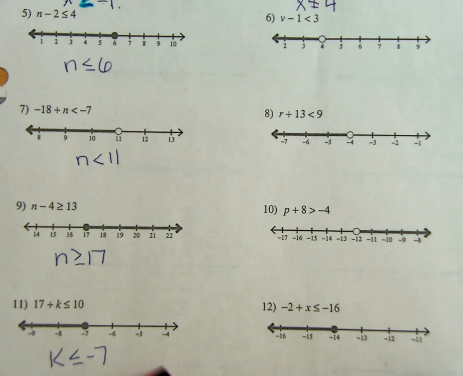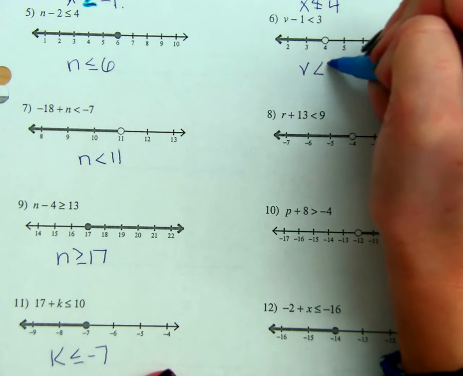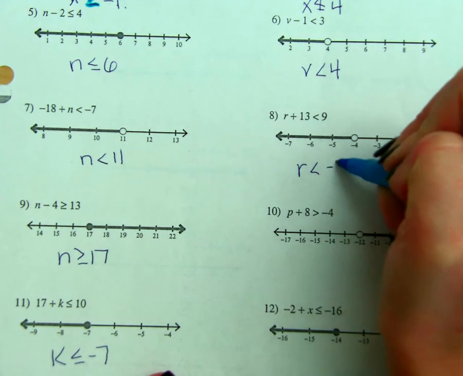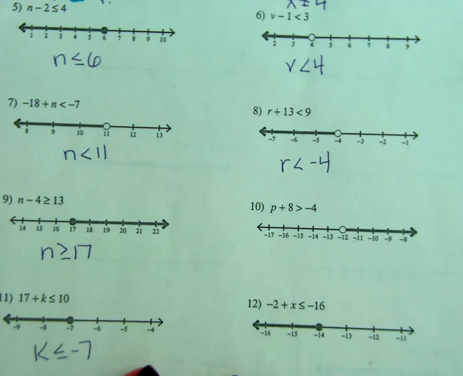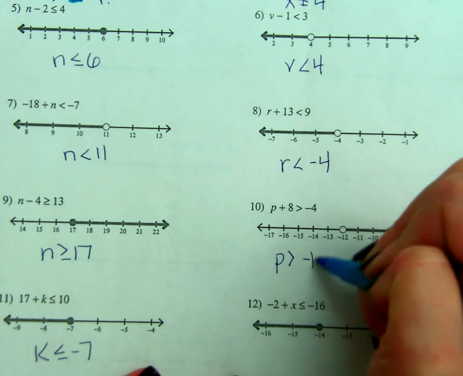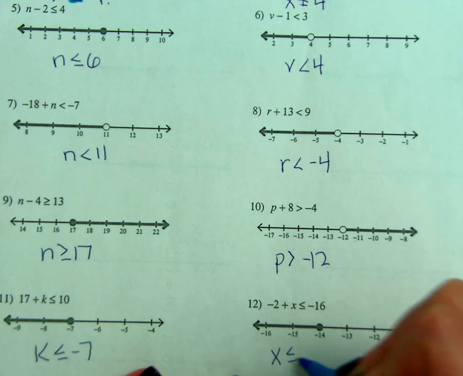Number 6, v is less than 4. R is less than -4. P is greater than -12. And for number 12, x is less than or equal to -14.